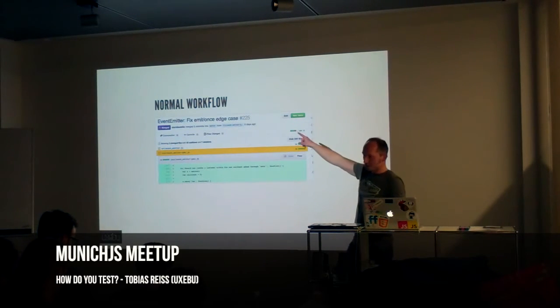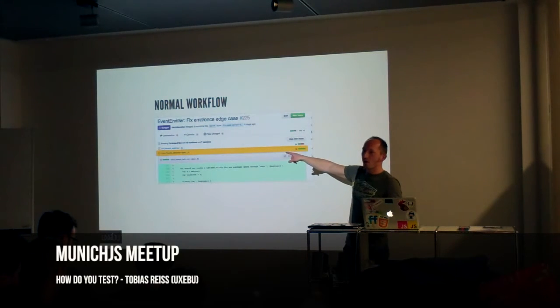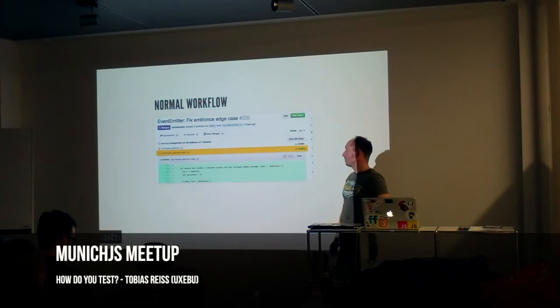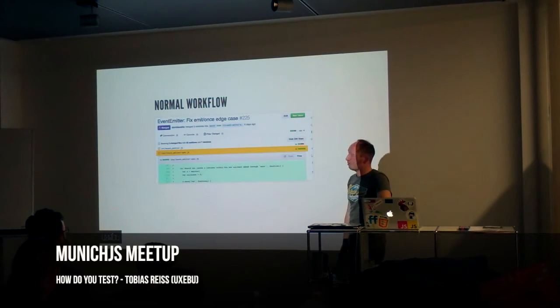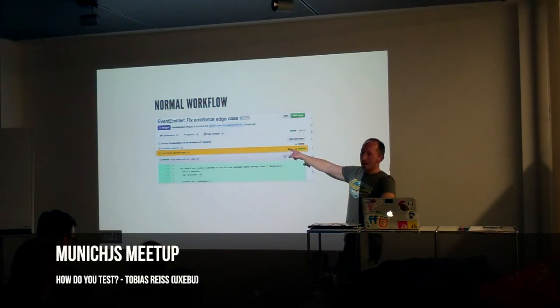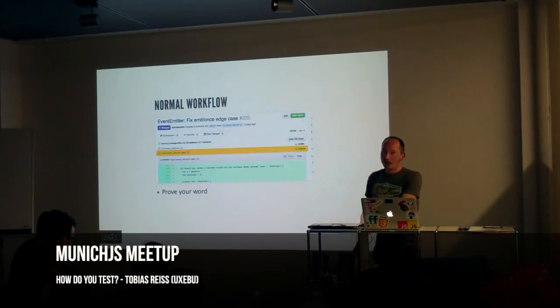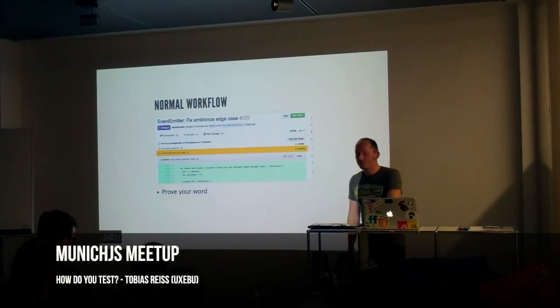If you have a fix for your own library, or if you want to help another developer by providing a fix for his library, you should definitely not just put the fix within the pull request, but also the test. And that does the following: it proves your word.